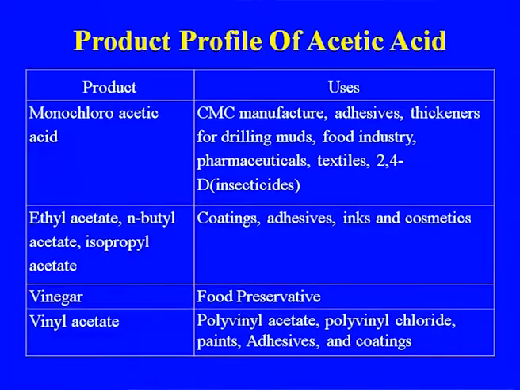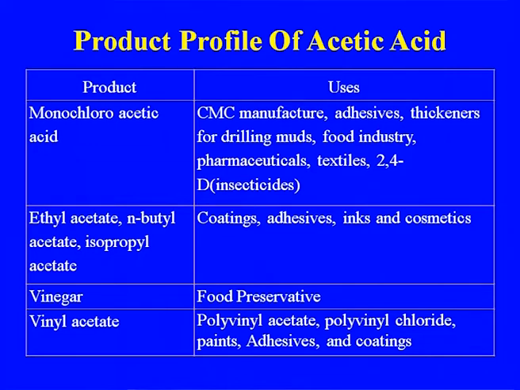So, they were making vinyl acetate monomer, and that was going to polyvinyl acetate, which has a very wide application: polyvinyl chloride, paints, adhesive and coating. So, these are some of the major outlets for the vinyl acetate.